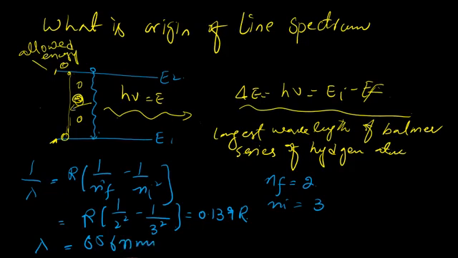So 656 nanometer wavelength is near the red end of the visible spectrum.